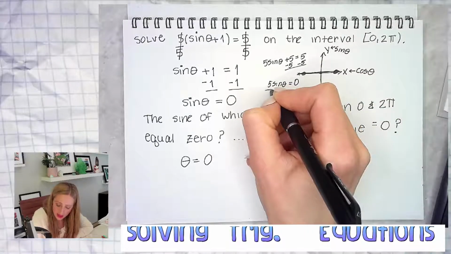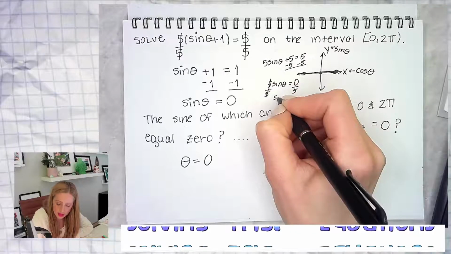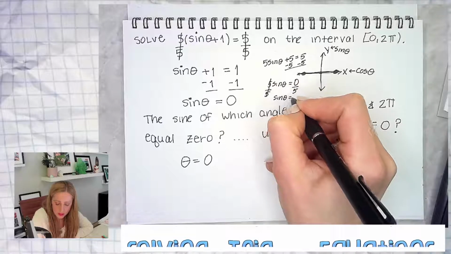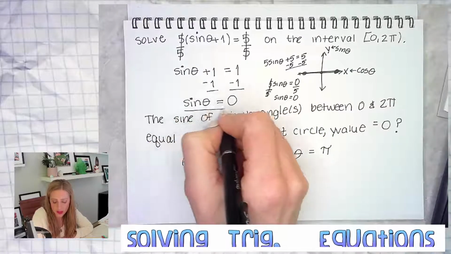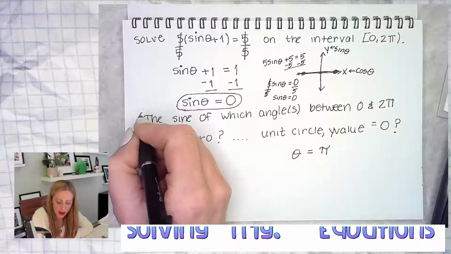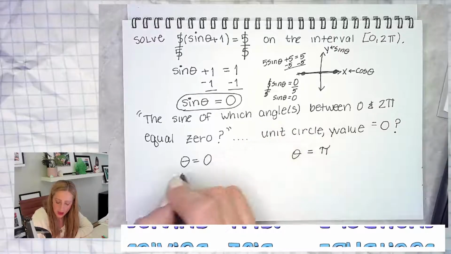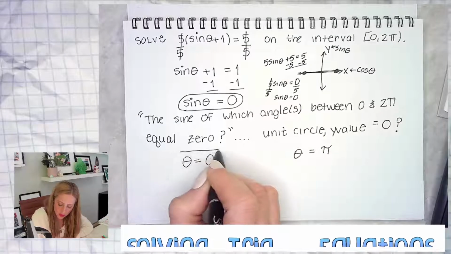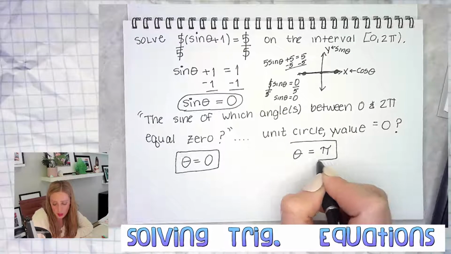And then you divide by 5, and you still get sin θ equals 0. So either way, we get to the same step. With practice, we get better and better at asking ourselves the right question, right? And then we get our two answers. So these are the answers for just the basic solving of the equation between 0 and 2π.